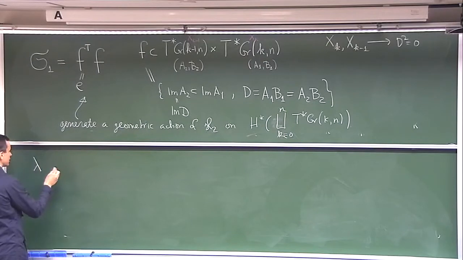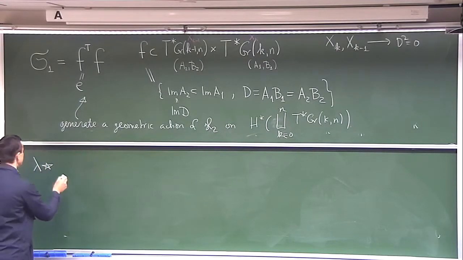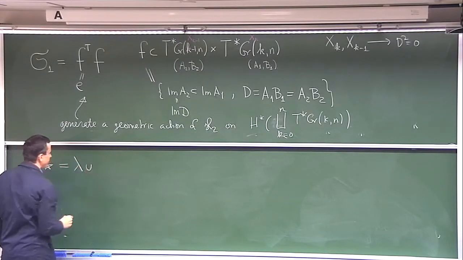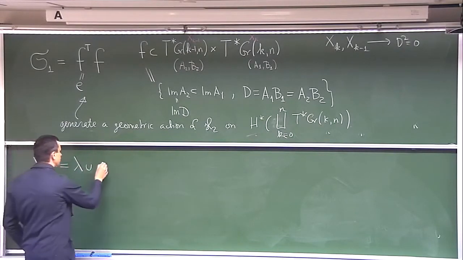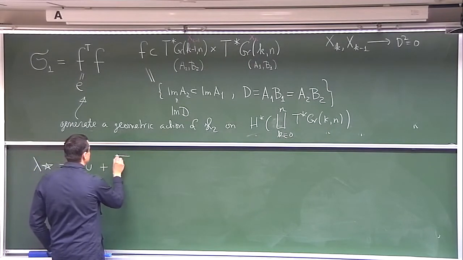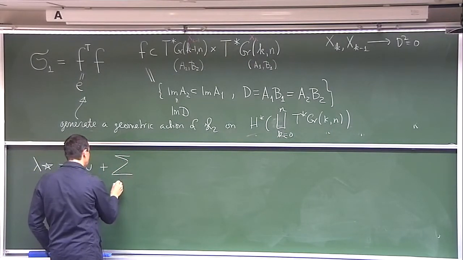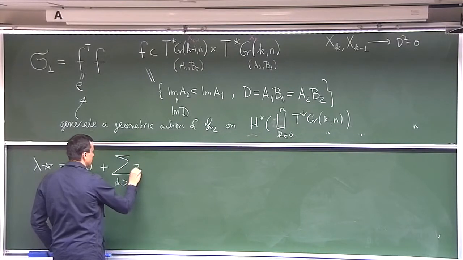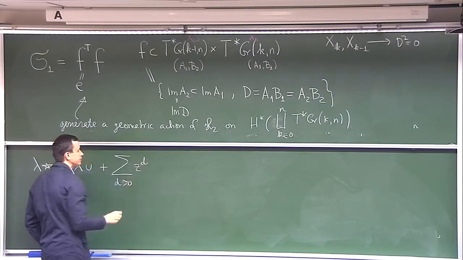The quantum product is an operator in, say, the cohomology of X. So it starts with the cup product. And then there's a term for all non-zero degrees, z to the d.